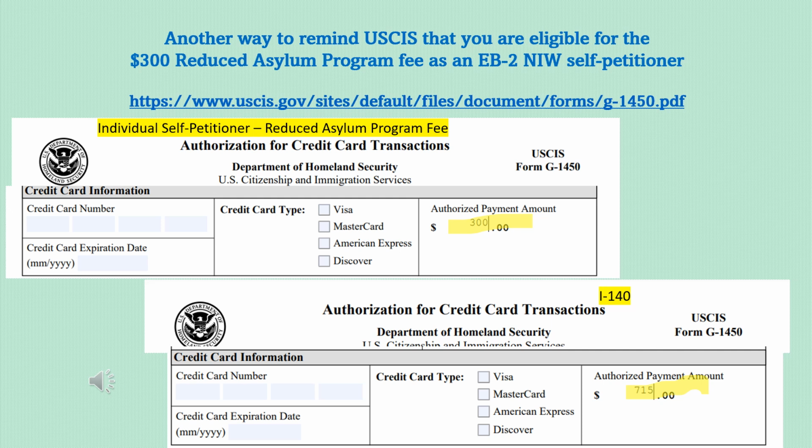That's just an extra way to make sure that they realize that's why you put $300 and not $600. And then on your other one where it's $715, you're authorizing the credit card transaction. You can put I-140 for that. So that's your I-140 fee, and the other one's your reduced asylum program fee.